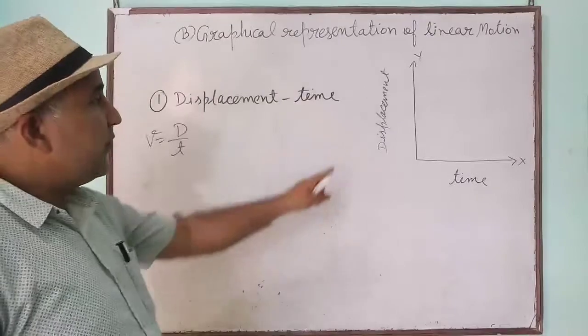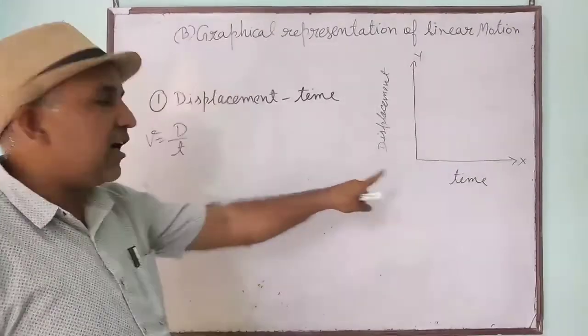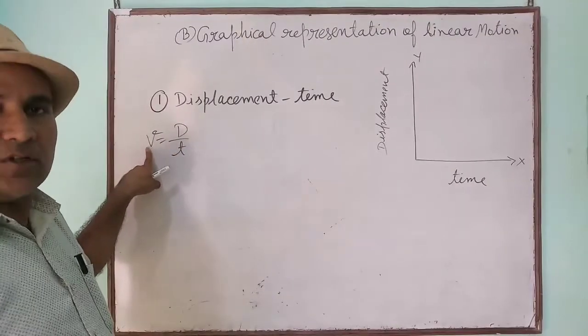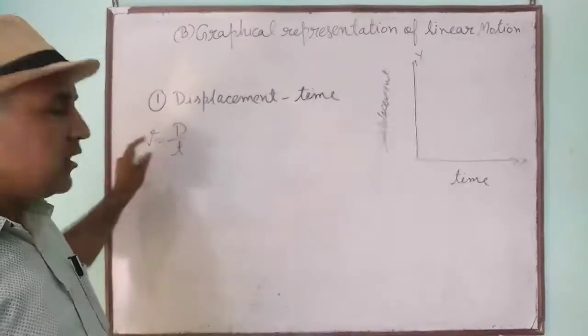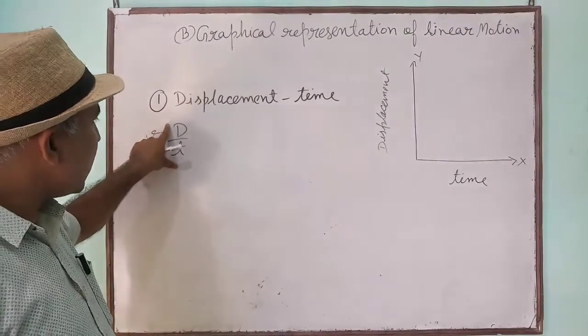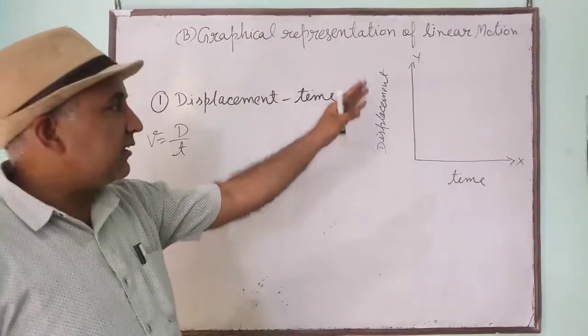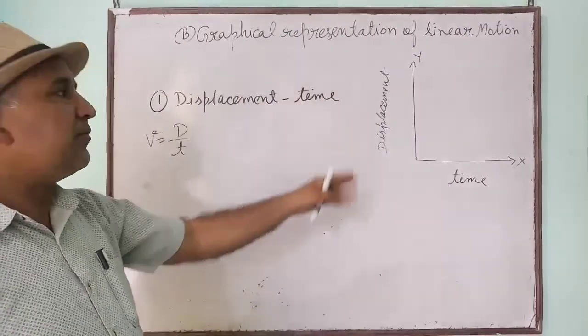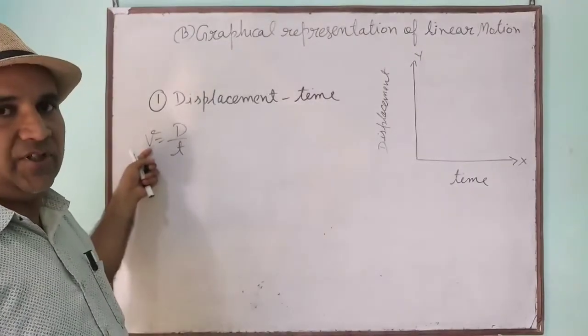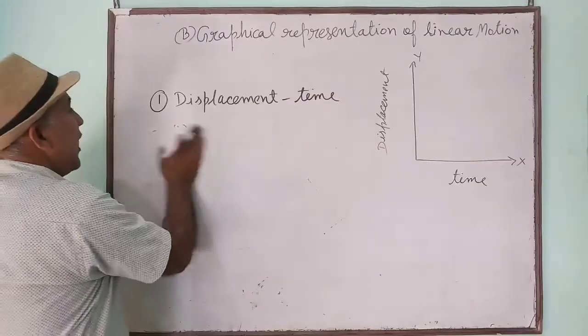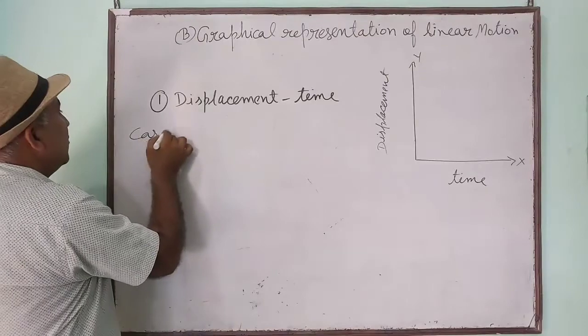It means with the help of displacement time graph, we will be able to find velocity. And how to find? Since velocity is distance or displacement upon time, when we draw the graph, then we will get a line and slope of the line will give us the velocity.